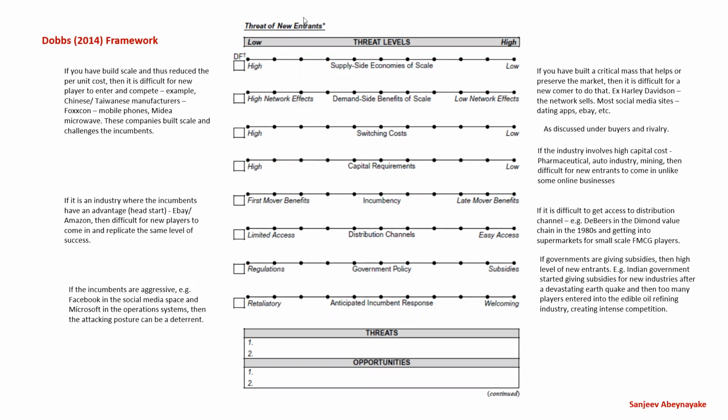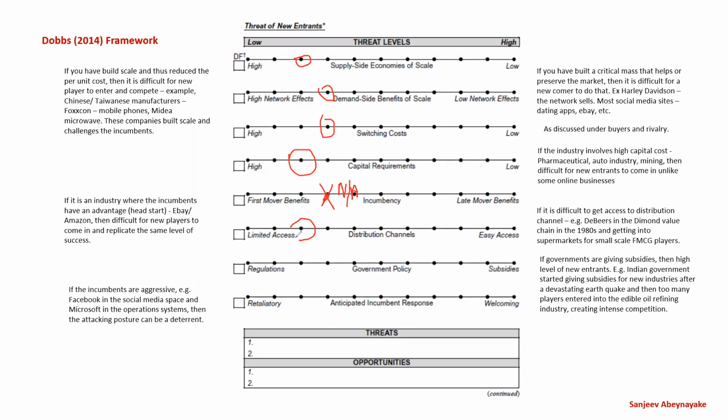So how this framework works is that, let's assume that whatever industry you are focusing on is somewhere around here, and then you rate on this one here. And let's assume that this one is also somewhere around here, for argument's sake. Let's say for argument's sake this one is not relevant for you, not applicable. Some of these things might not be applicable for your industry, so it's perfectly fine.